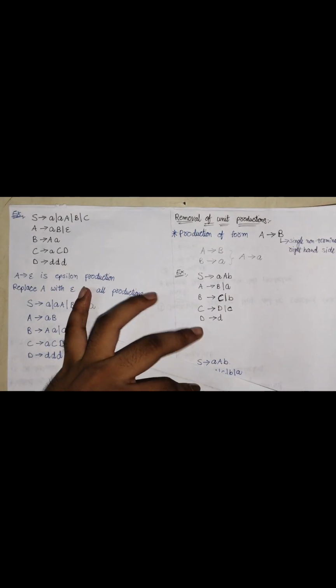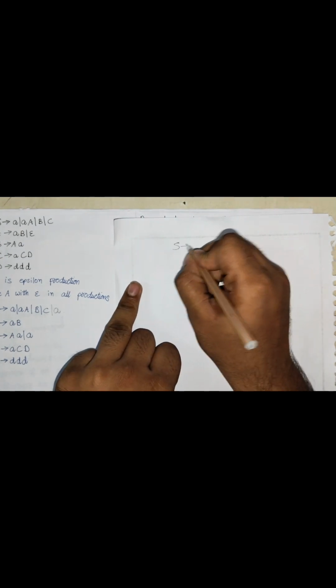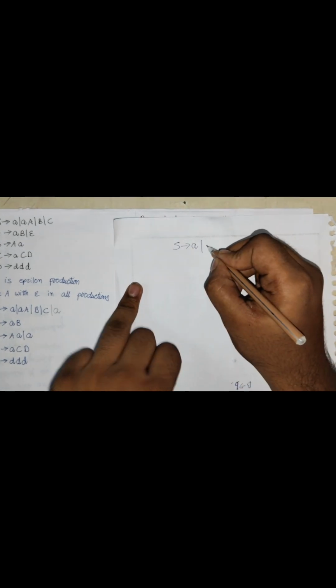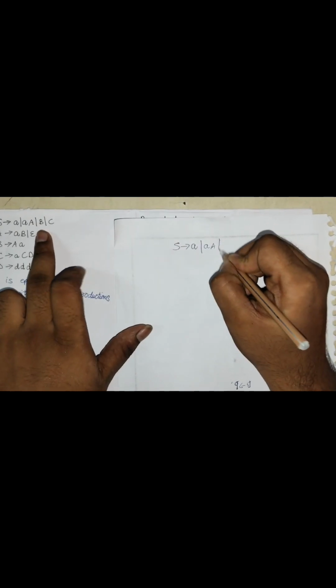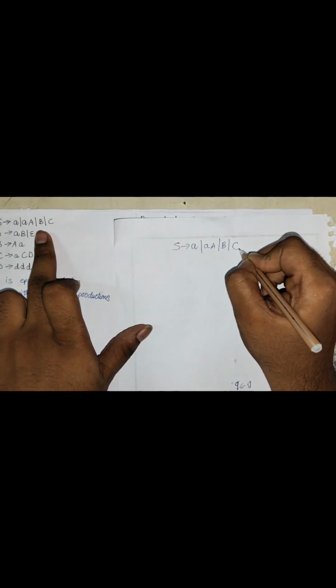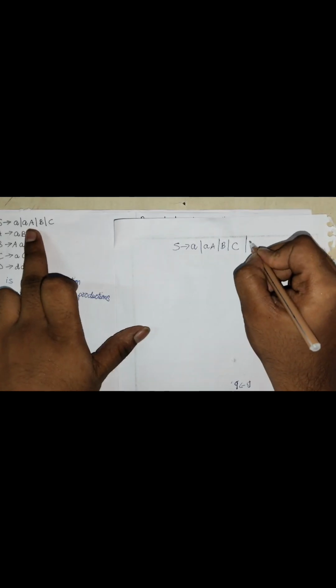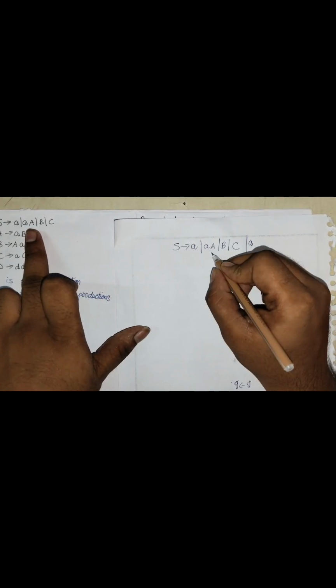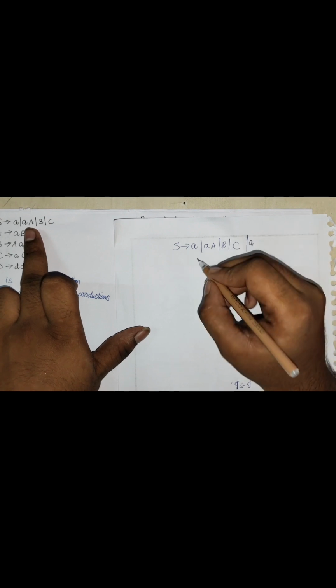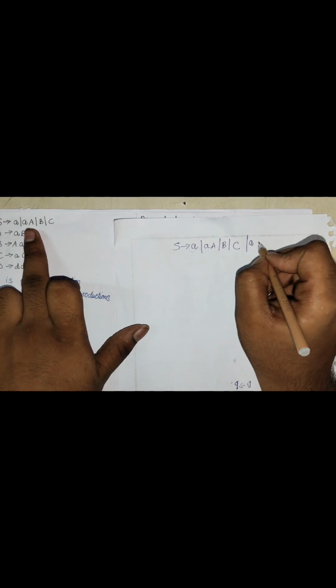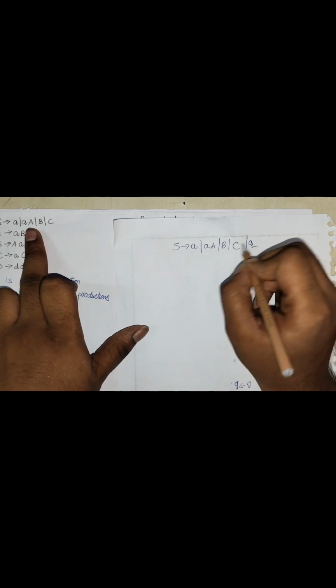The first production will be S tends to A; write all the productions as they are first, then B C. Now replace capital A with epsilon. You will get a only, since a is already produced here, you may write it or neglect it.